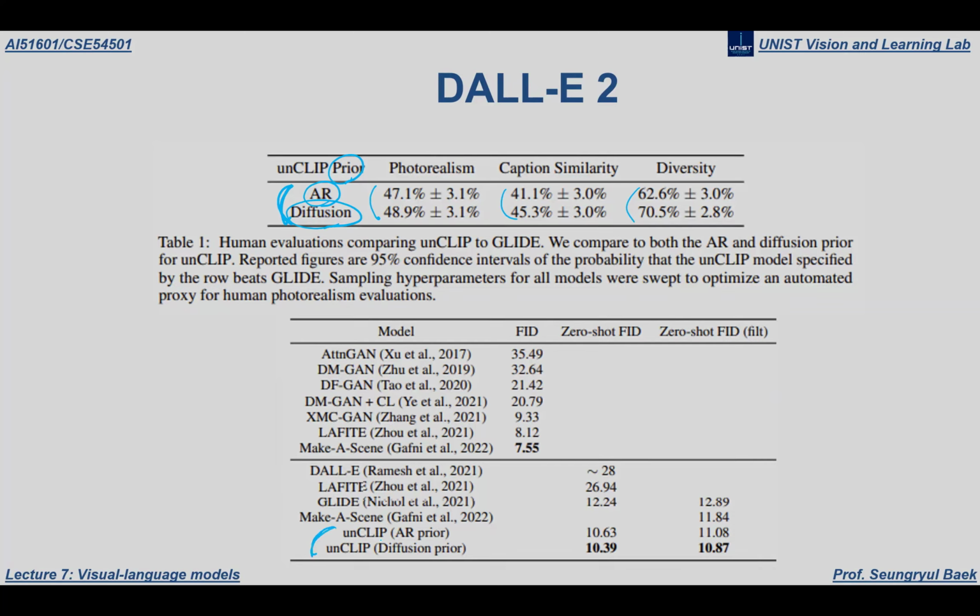Sometimes we call this unCLIP, because this DALL-E version 2 is doing the opposite direction compared to CLIP, but the diffusion prior performs better than the autoregressive prior. So this DALL-E version 2 is exploiting two things, CLIP loss and diffusion prior, to be better than other T2I models.